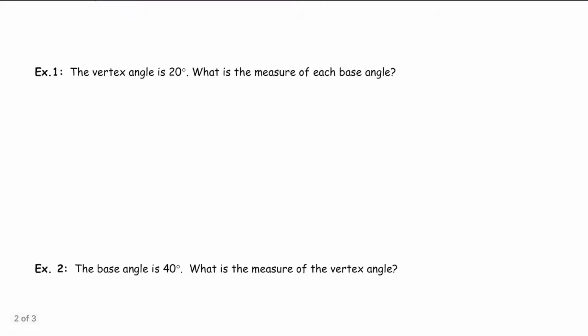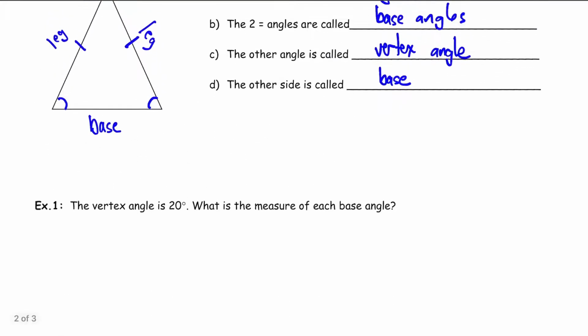So in example 1, I'm stating the vertex angle is 20 degrees. What is the measure of each base angle? So what I'd like you to do for these, and again, these should all be considered isosceles triangles, so maybe I should preface this with: given an isosceles triangle, and that's for all of these examples.